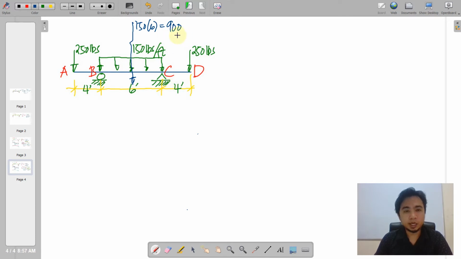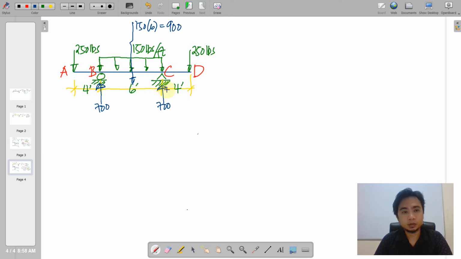This 900 will combine with the two downward forces on both sides, 250 and 250, so that is 500 plus 900, we have 1400. The overall total of your downward forces will just be shared by the two reactions. So there you have a 700 reaction for each of these supports.